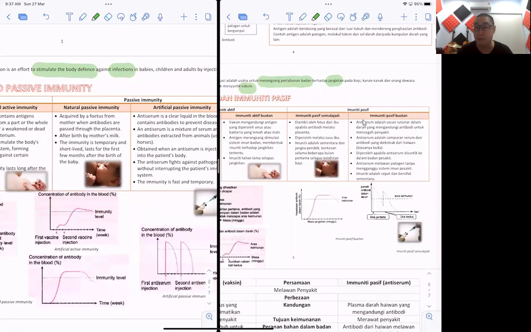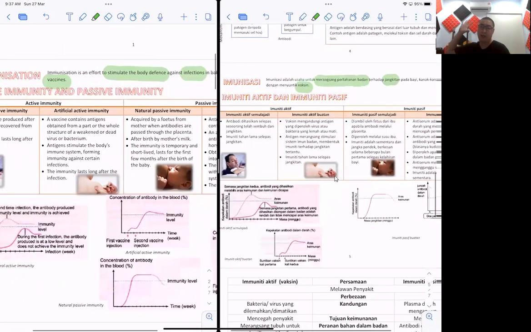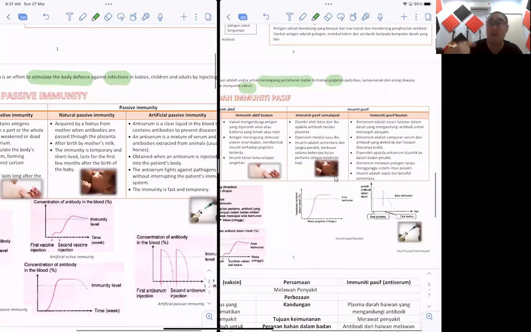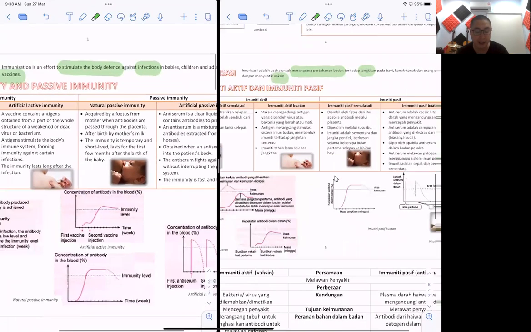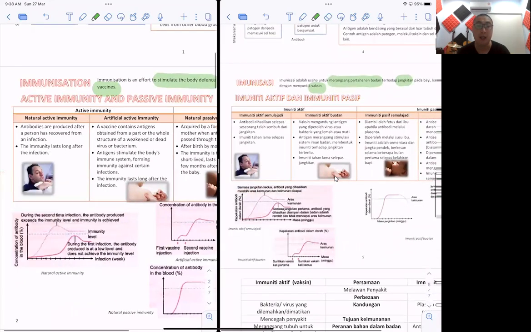When you look at these two names, right off the bat, active and passive, which one sounds stronger? Active, that means you're proactive, and passive means you are reactive. Reactive means you actually respond after you get hit. So which one is better? Most likely it will be active immunity.